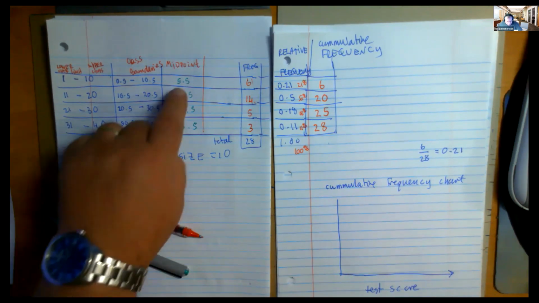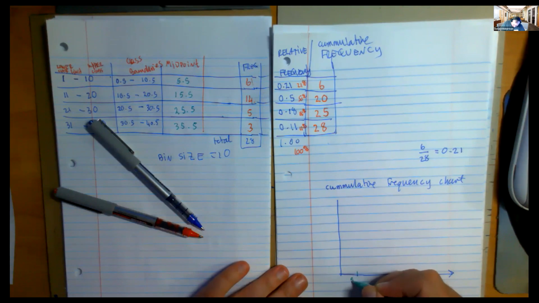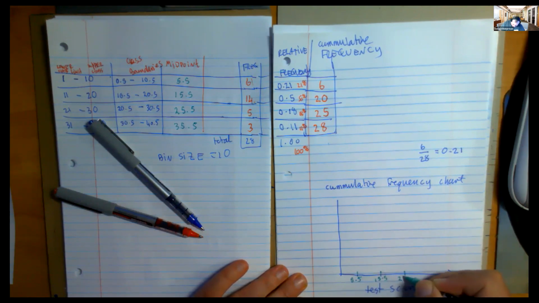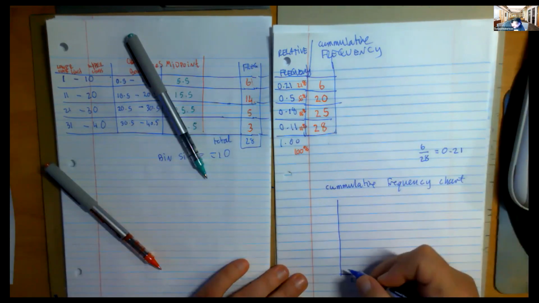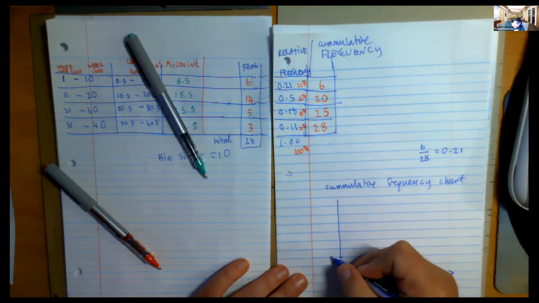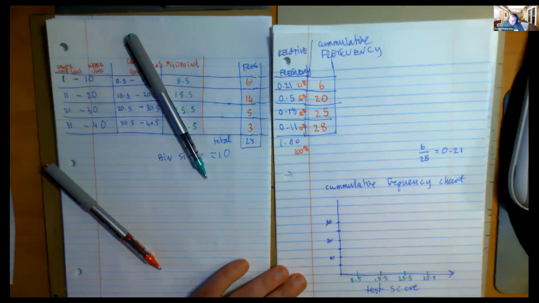And we use the midpoint. So can you imagine I have 5.5, and I'm trying to do this equally spaced because it should be 15.5, 25.5, and finally 35.5. Looks like I need to get as high as, what, 28 here. So 5, 10, 15, 20, 25, 30. So I'm losing that scale.